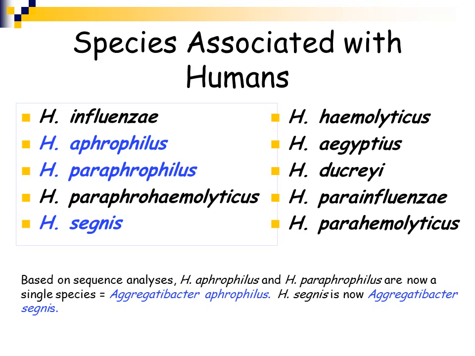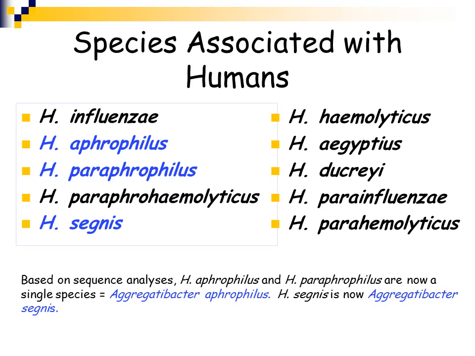Actually, Haemophilus aphrophilus and Haemophilus paraphrophilus are now one single organism, and that is Aggregatibacter aphrophilus.